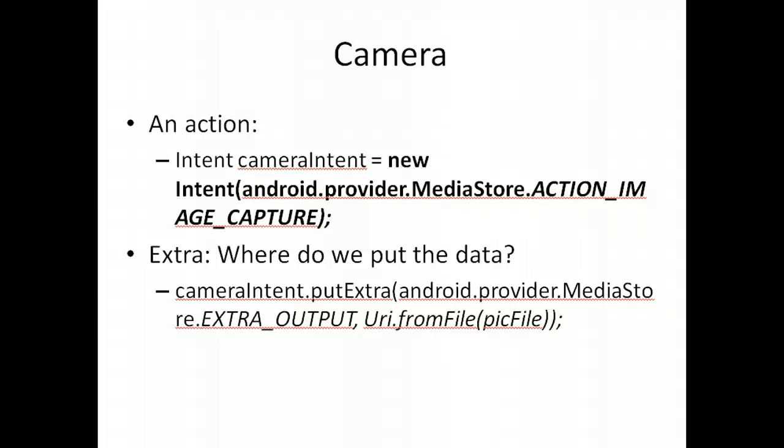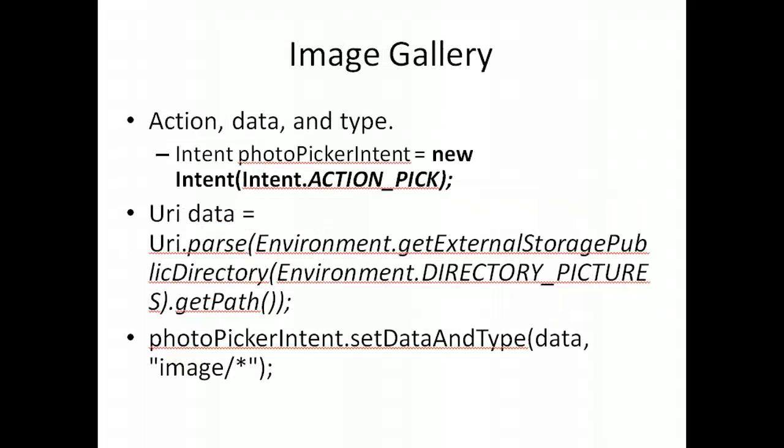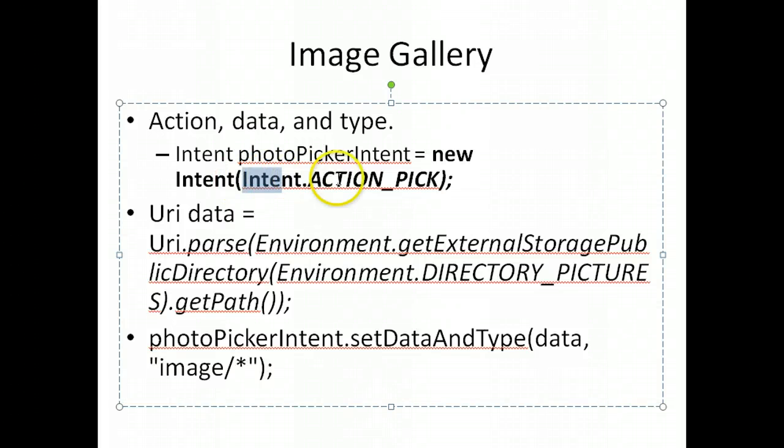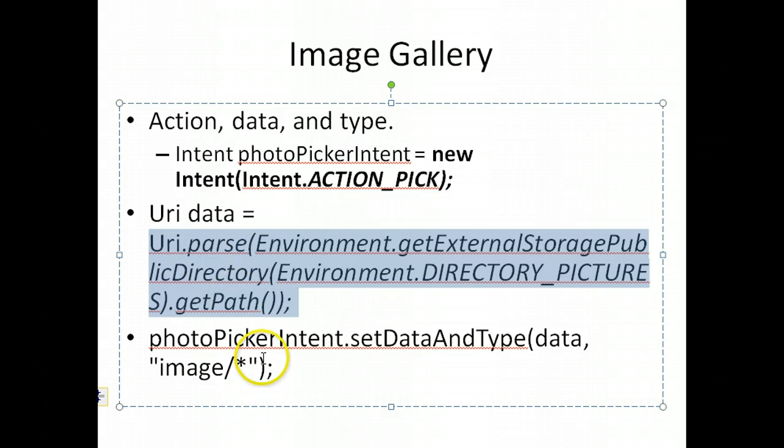Similarly, another thing we have is the image gallery, and for this I use another action constant, but a different one. I use the constant action pic, okay? And I need to give it two pieces of data. The first piece of data is rather wordy, but what this is saying is get the directory where pictures are stored.